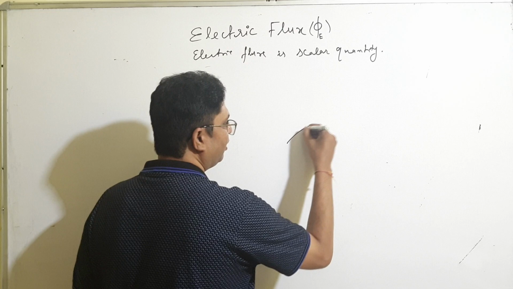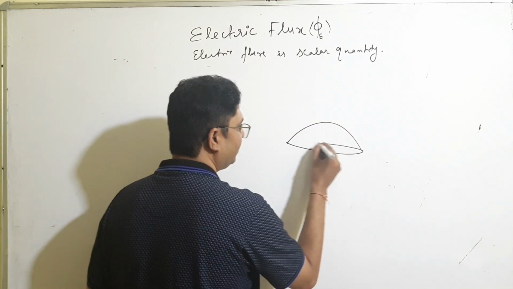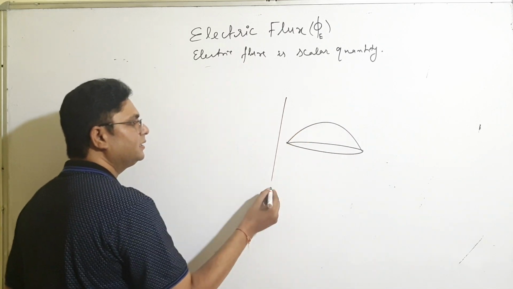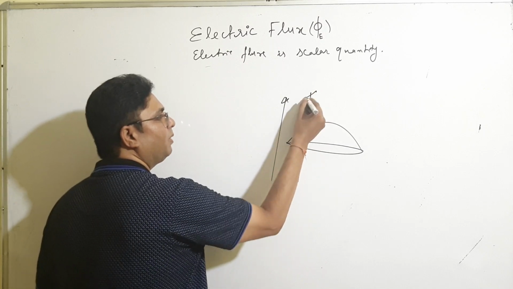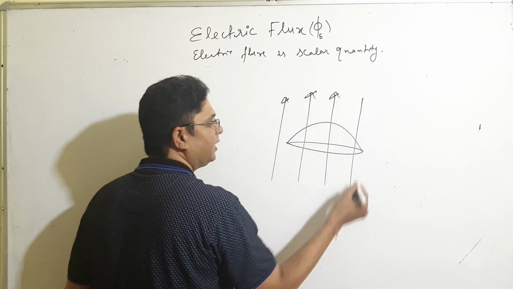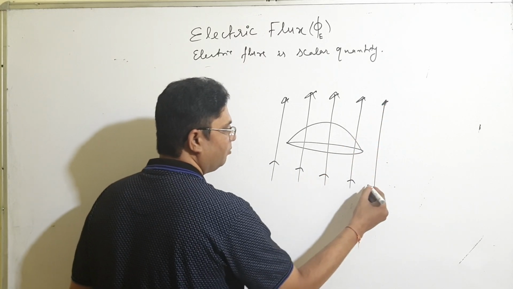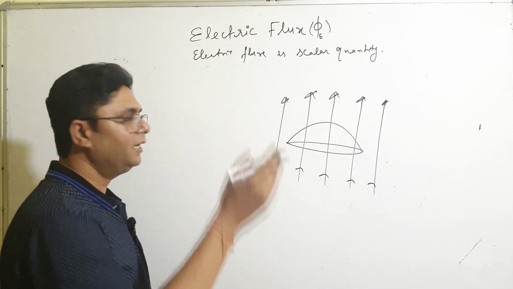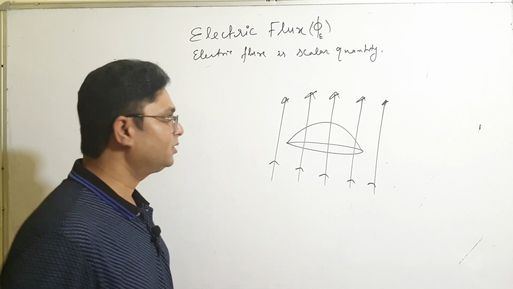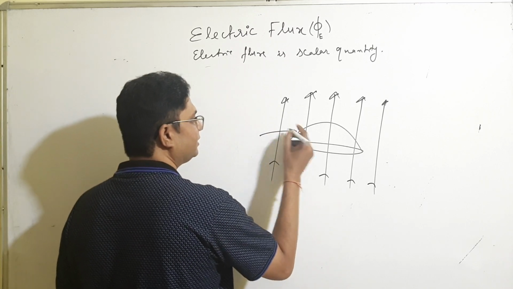Suppose I am giving you a hemisphere. This is a hemisphere and these are the electric fields passing through it. Electric fields are coming from downside and moving to upside. Then what is the electric flux through the curved surface?